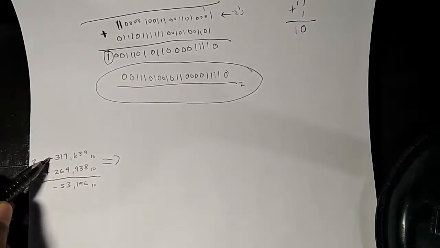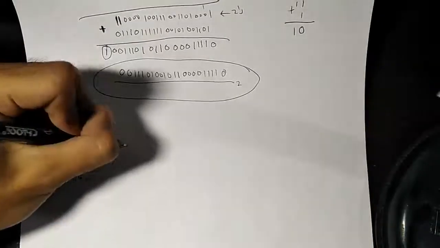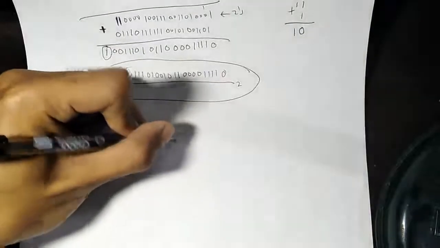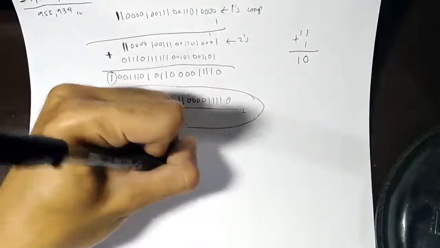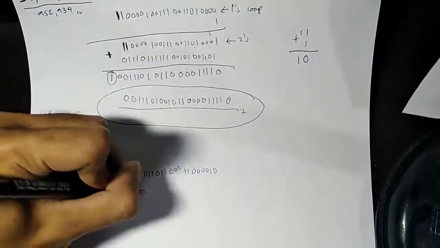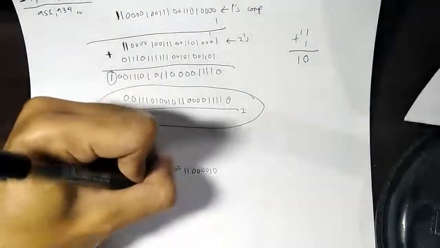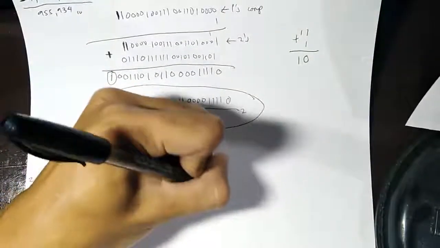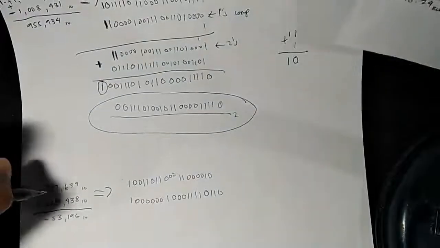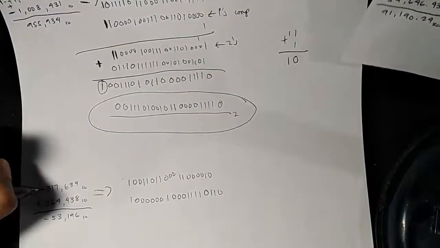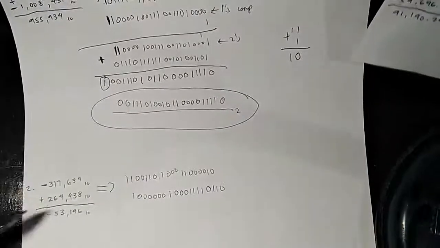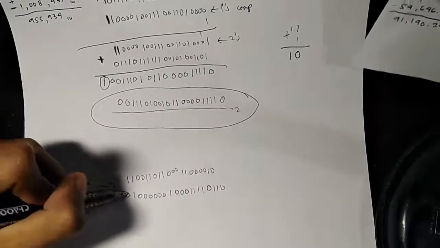Here we'll have 1 0 0 1 1 0 1 1 0 0 0 1 1 0 0 0 0 1 0. Here we'll have 1 1 0 0 0 1 0 1 1 0. Those are the binary equivalents, and here a negative sign can be seen, so we have to add 1 here, and a positive sign, so we have to add 0.